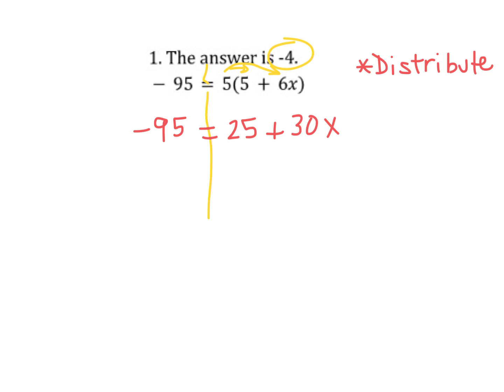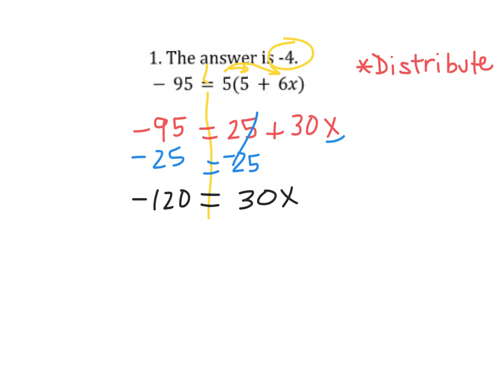Okay, next it looks like we can start using our inverse operations to isolate the variable. So here's our variable. So let's clear out this 25 first. So -95 minus 25 equals -120. And on the right side, we have 30x.